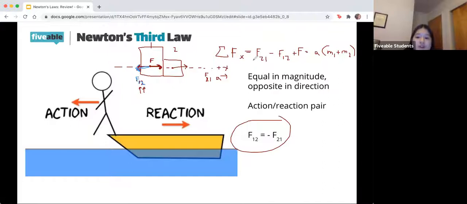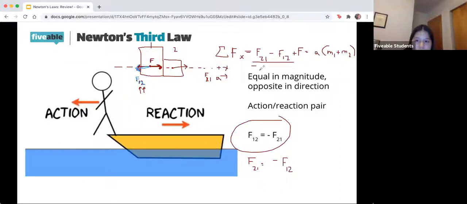Okay, so based on our definition, we can use this relationship to figure out what's going on. F21 is negative F12, so I got rid of the negative, just moved it over, and it looks more like this.